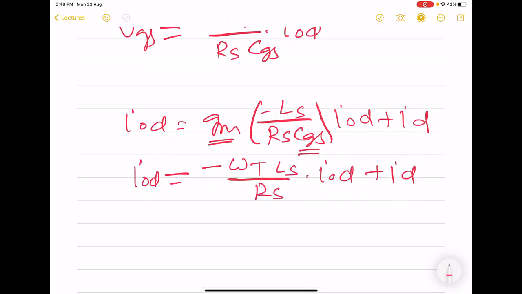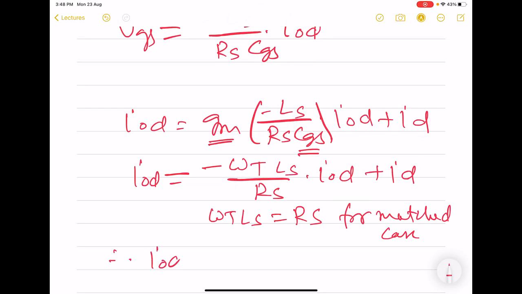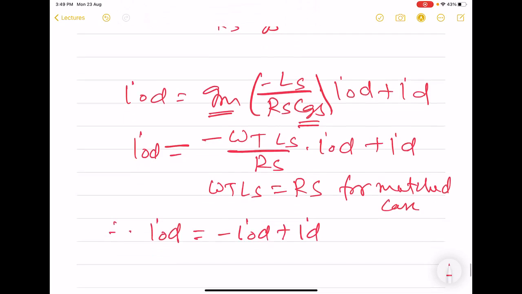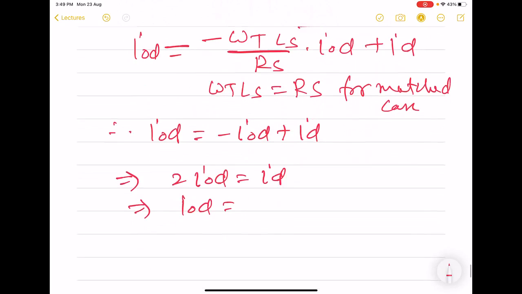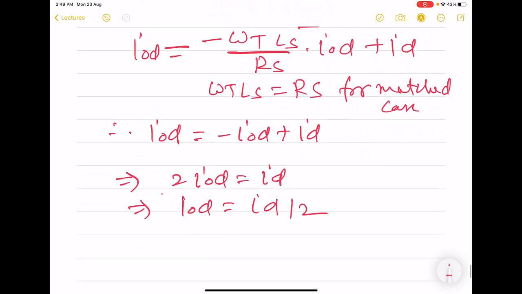So we know that this numerator, which is omega T Ls, is equal to RS. Therefore, IOD becomes minus IOD plus ID. And this implies 2 IOD is equal to ID, that is IOD is equal to ID by 2.